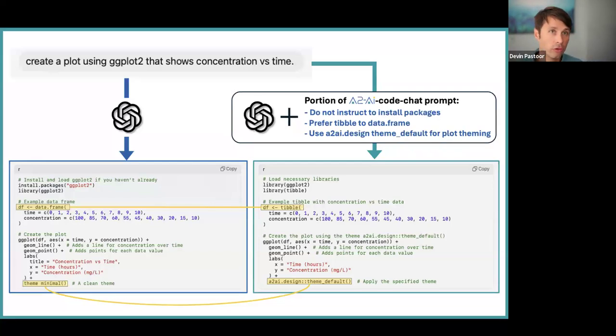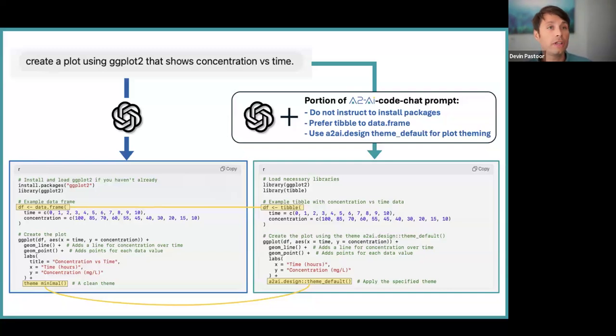And so if we come back to our original query that was used solely with ChatGPT, and instead now have our A2AI code chat that includes a prompt with some additional information around our conventional preferences, some organization-specific detail, we can get a refined response.